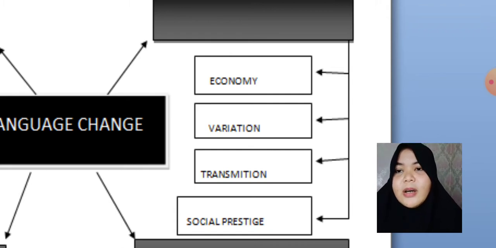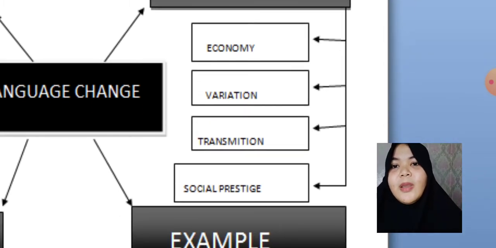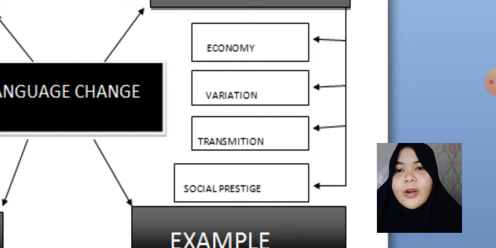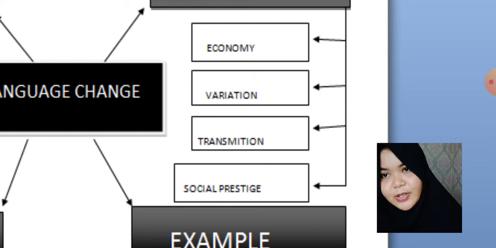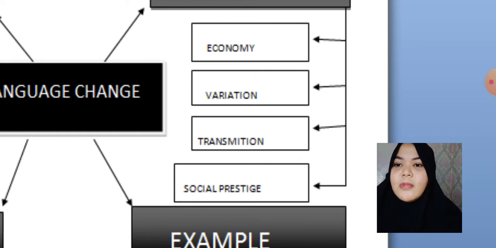Okay, now let's go to transmission. Transmission could also be called an imperfect transition or transformation or delivering from one generation to the next generation. For example, apron.